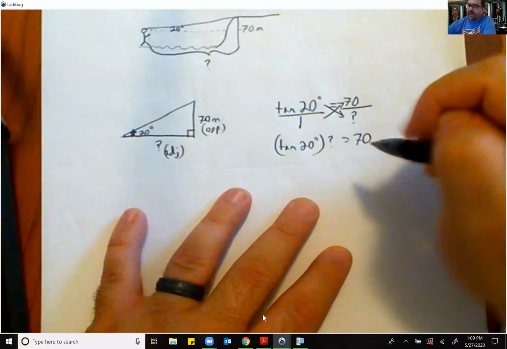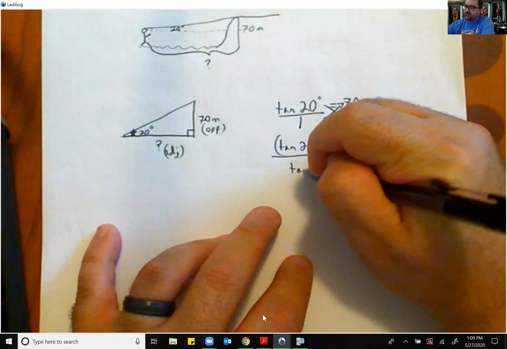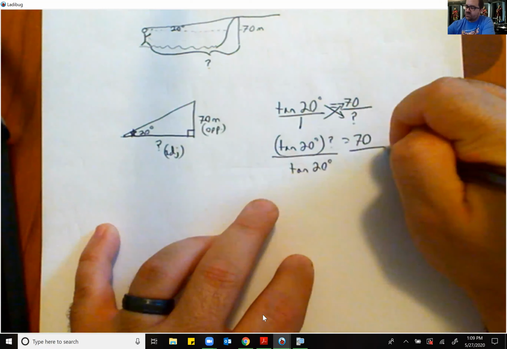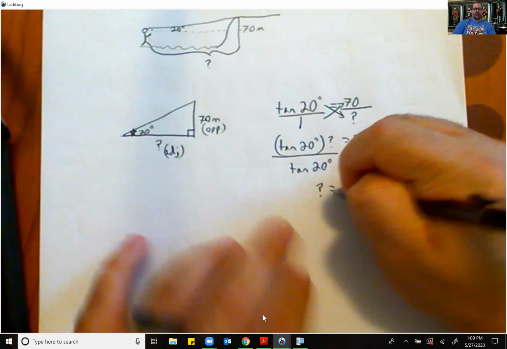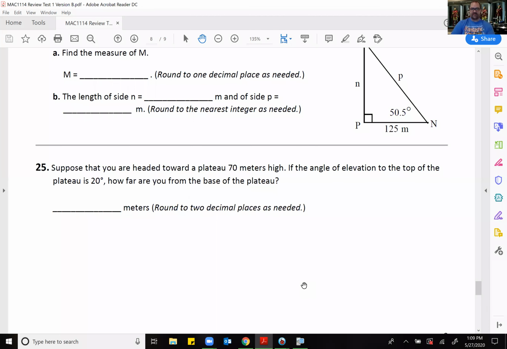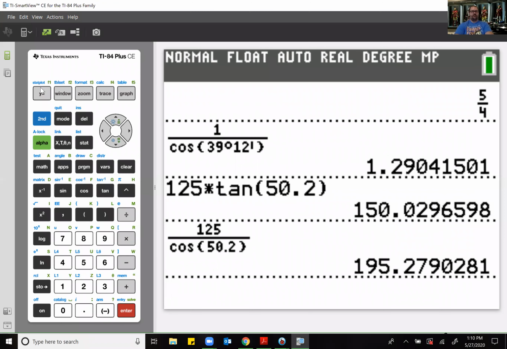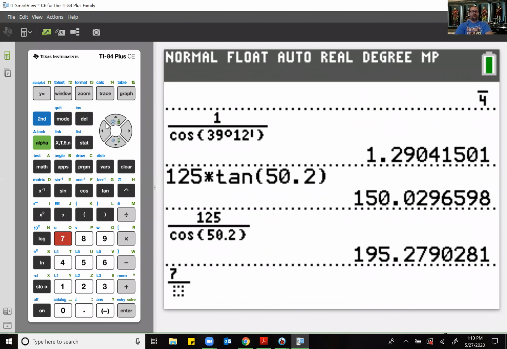How do I get the question mark by itself? Divide by the number tangent 20 degrees. And we are, let's go back, double check something. It says round to 2 decimal places. Check that rounding. So we go to our calculator, alpha y equals 70 all over tangent 20.